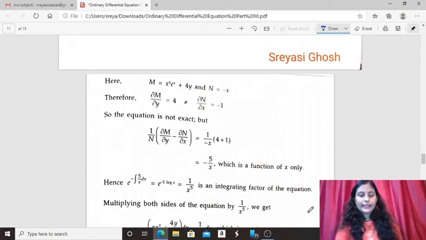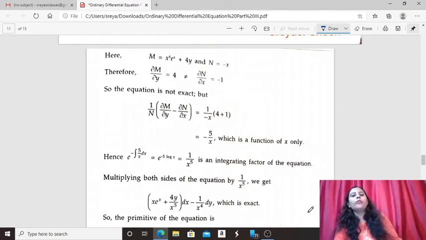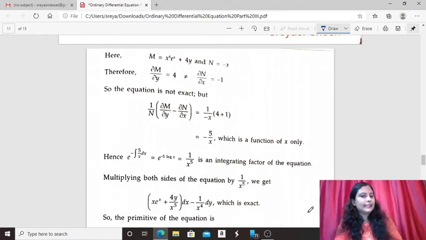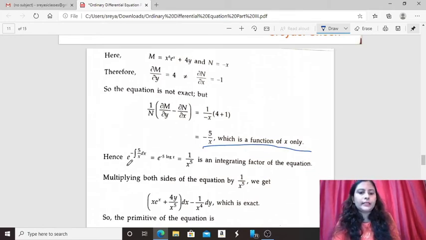So let's take a look at this. We find del m del y, del n del x, they are not equal, so not exact. 1 by n (del m del y minus del n del x) will give us minus 5 by x, which is obviously wholly a function of x only. Considering this as the integrating factor, we get 1 by x to the power 5 as the integrating factor.